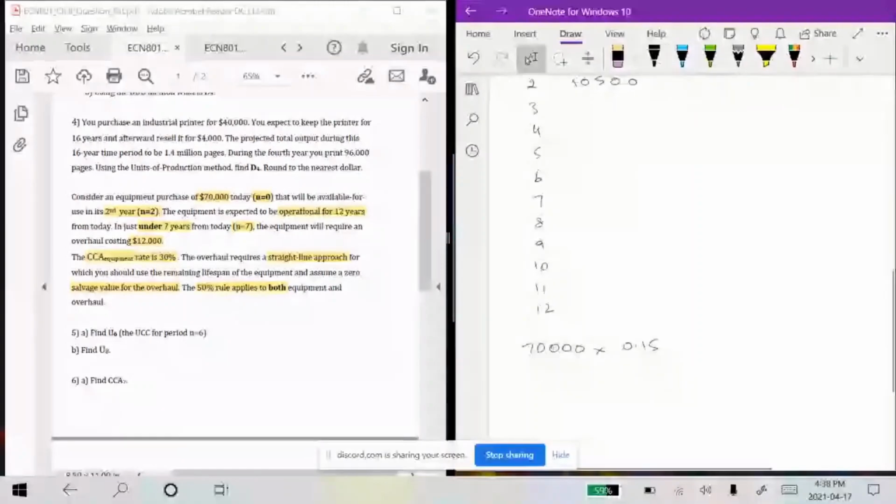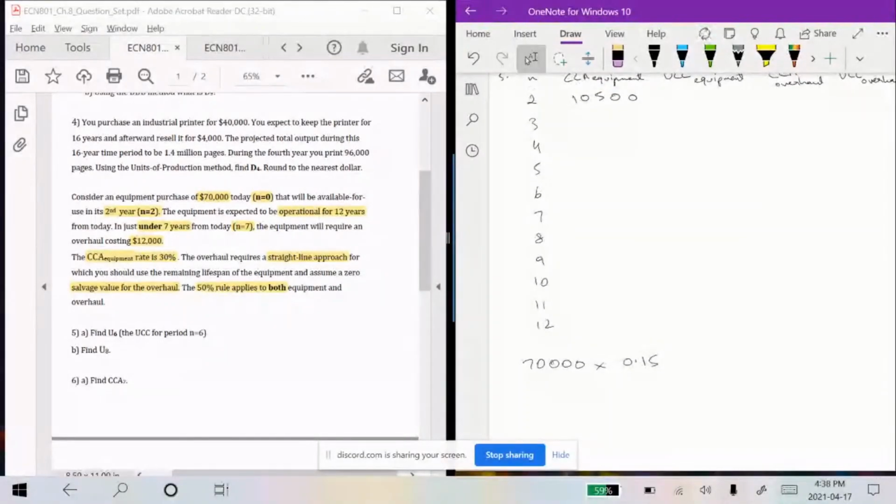In the second year, CCA is calculated as the D, right? The D is based on the CCA rate and the book value of the previous period.